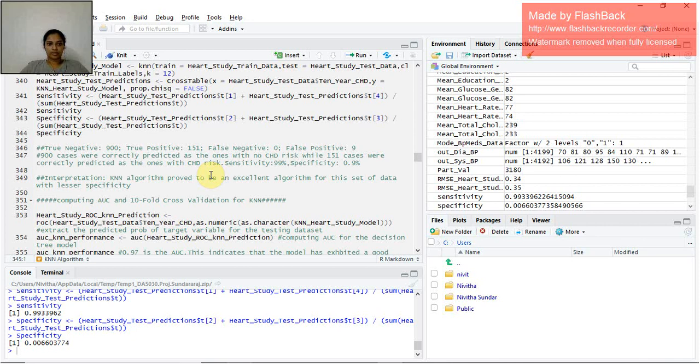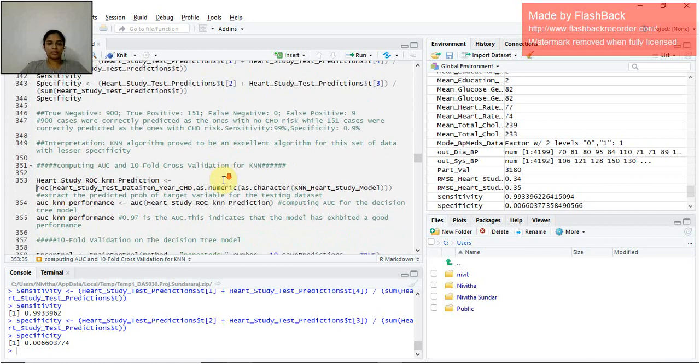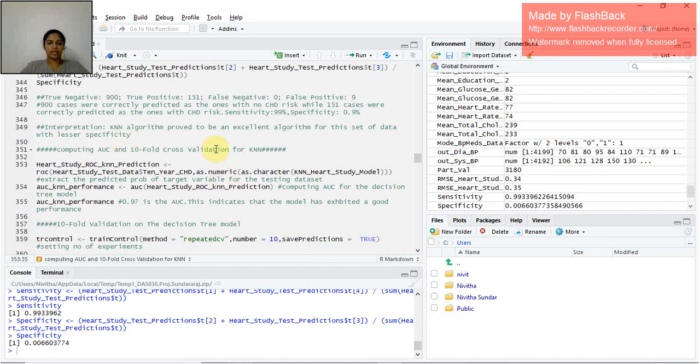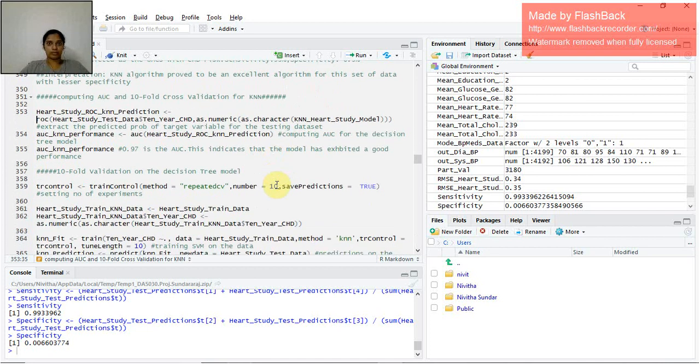The number of true negatives predicted was 900, and the number of true positives predicted was 151 cases. KNN proved to be an excellent algorithm for this set of data with lesser specificity, and AUC and tenfold cross validation were also performed on the data, and the accuracy was found to be 85%.